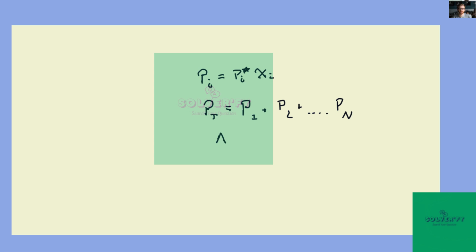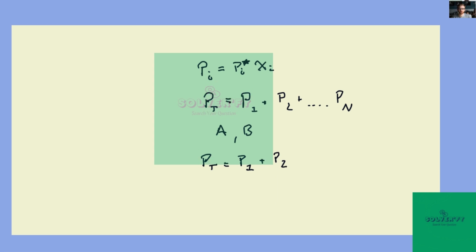We could call them A and B, or we could call them 1 and 2. It doesn't really matter. But the idea then is that our total pressure is going to be equal to pressure 1 plus pressure 2, liquid 1 and liquid 2.